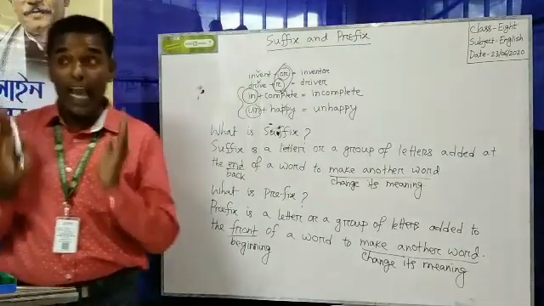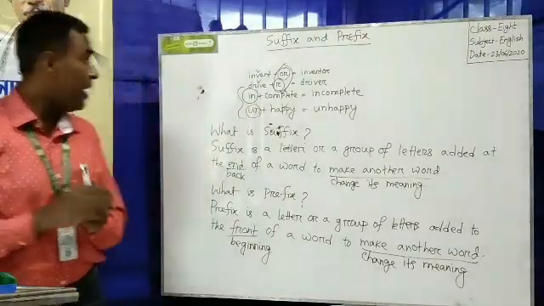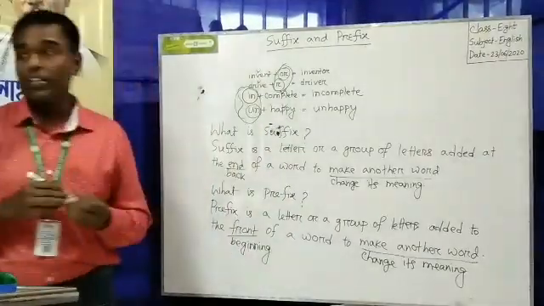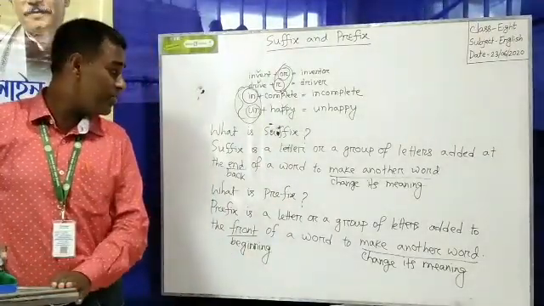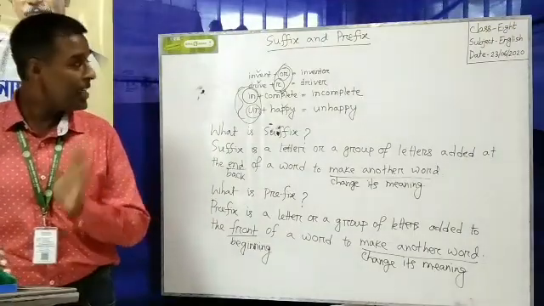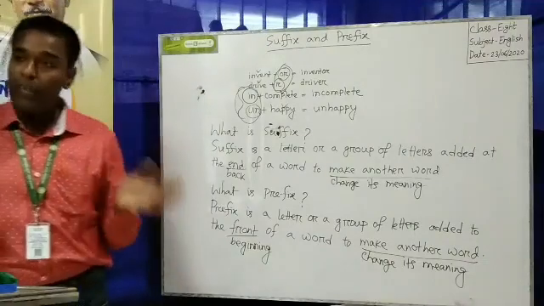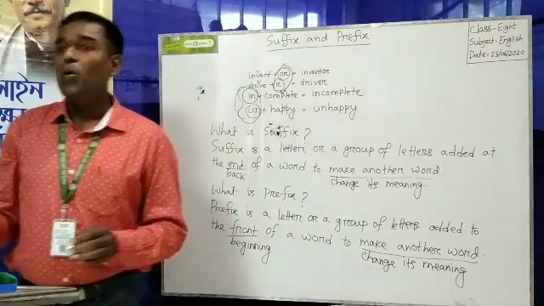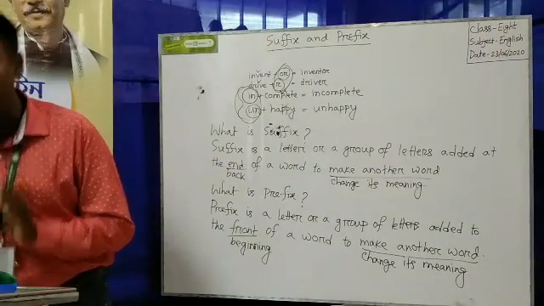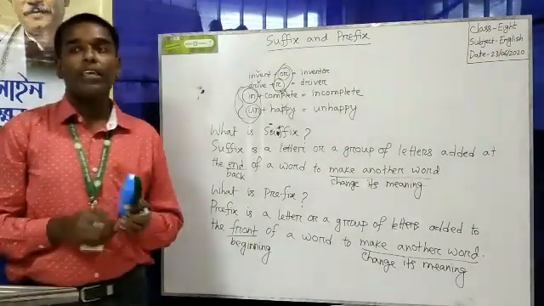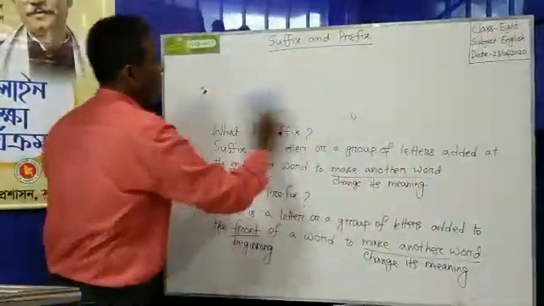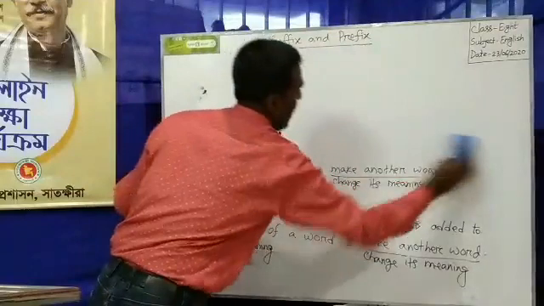And when we add a letter or a group of letters at the front, that means at the beginning of a root word, it is called prefix. Hope you have understood the difference between suffix and prefix. Okay, now we are going to see another example.